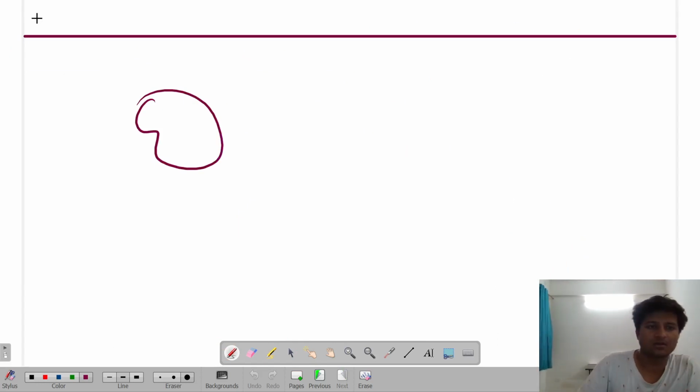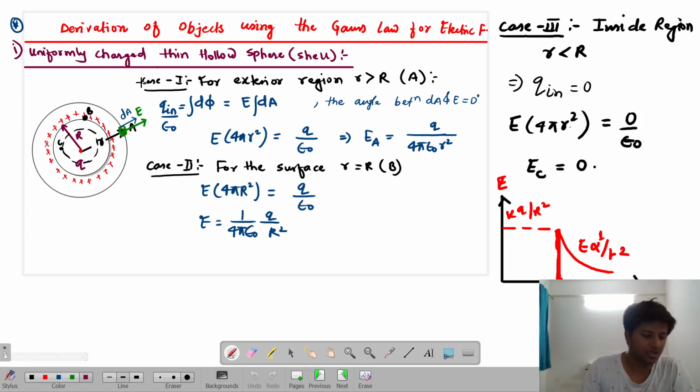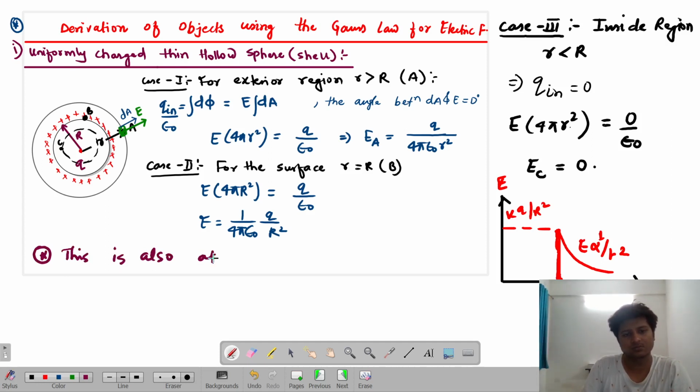Give the heading. Since it is a hollow sphere, whether it is conducting or non-conducting, the result is the same, isn't it? Because the charge will always be on the surface, there is no material inside. So basically whatever we have done is applicable for a conducting hollow sphere, and it is also applicable for a non-conducting hollow sphere.